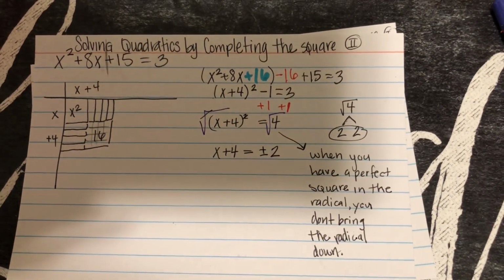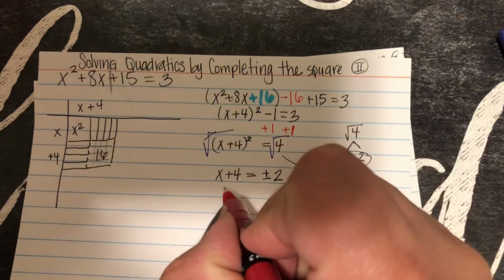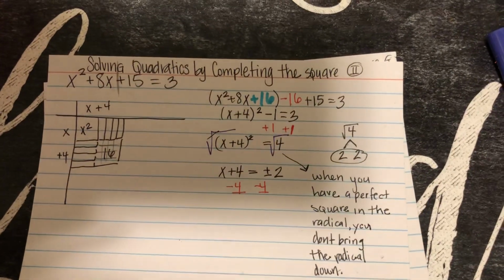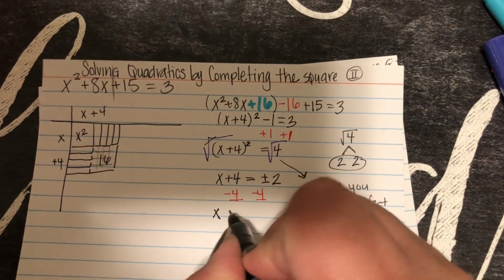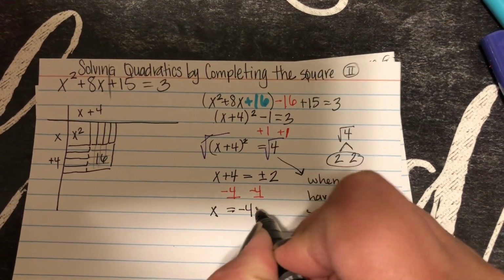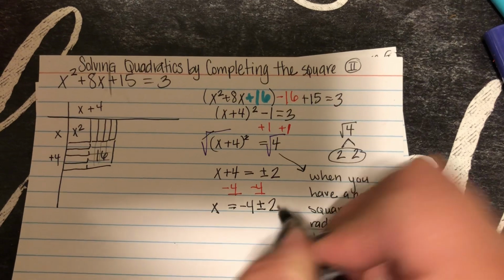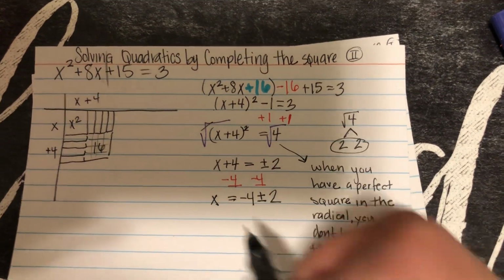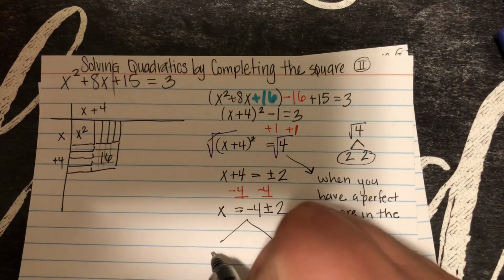Okay, so then now what I do, I still do my opposite operations. And x is equal to negative 4 plus or minus 2. We cannot leave it like that because these are like terms. And what do I do? I split it into 2.